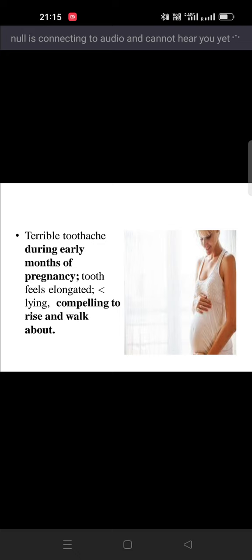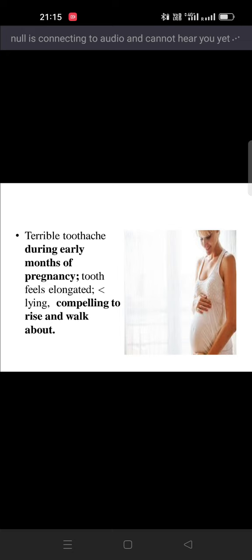The patient has so much pain, especially a violent rheumatic pain, and is forced to walk about. Why? The patient gets relief. In the bracket, we will find Rhus toxicodendron.